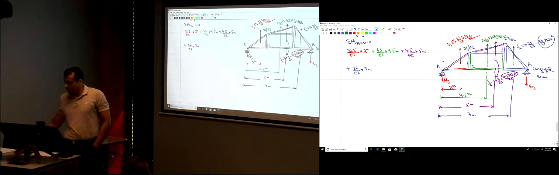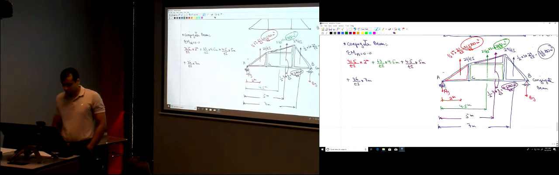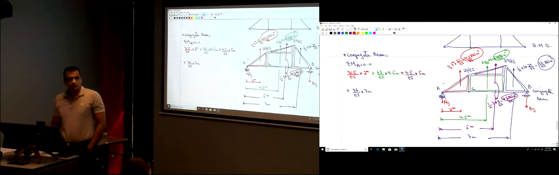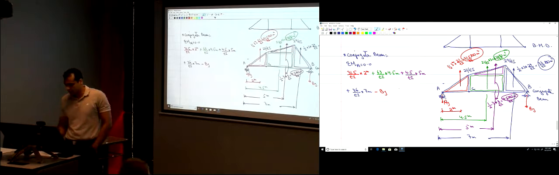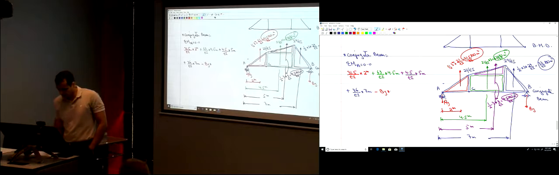What else do we have? Are those all the forces? By. So negative By, because it's in the opposite direction, multiplied by its distance, which is 9 meters. Everything is equal to 0.